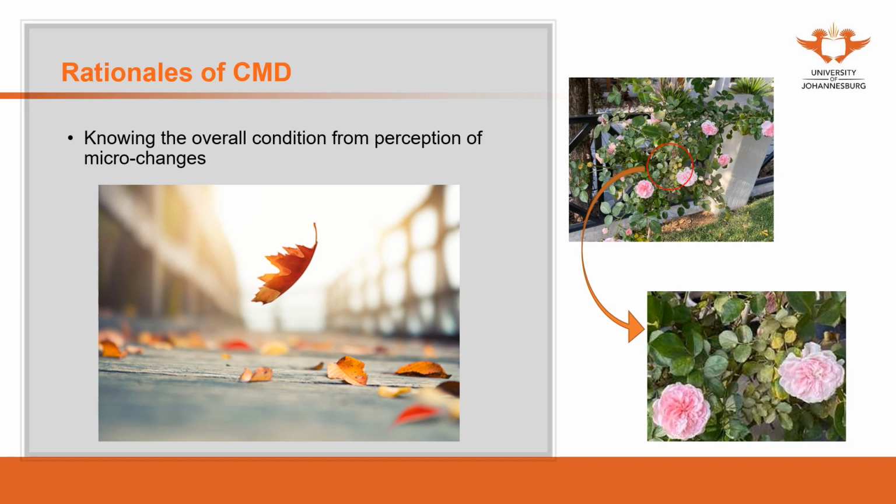That's the micro changes. Also, look at another rose I gave you here on the right side. This rose also flowers well, as you can see the pink roses. They flower well. The leaves are also green. So from here it's a kind of healthy rose. But when you look carefully, you can see this part, the part I marked there.